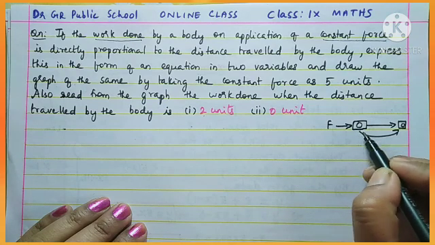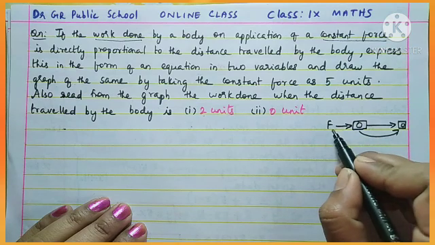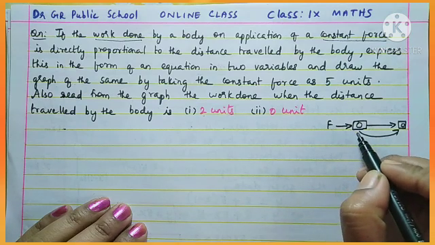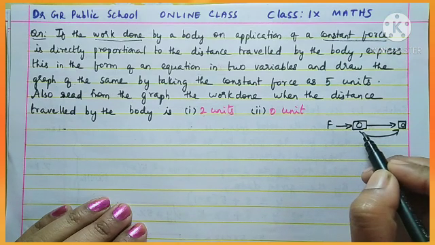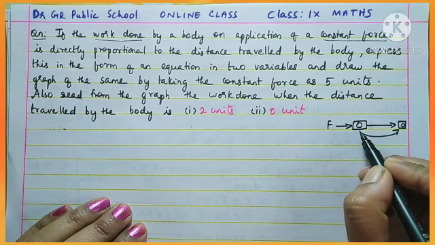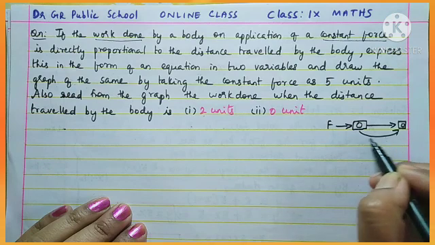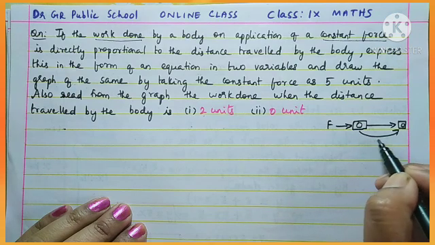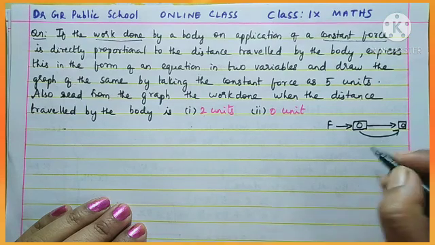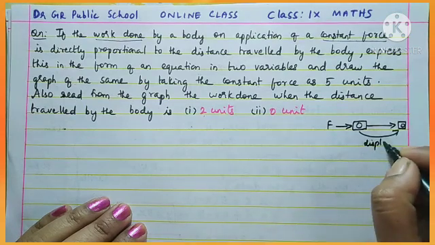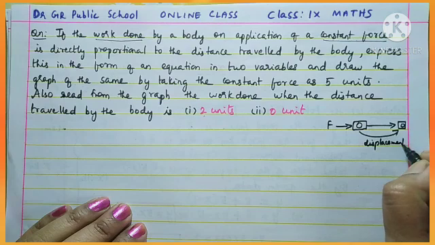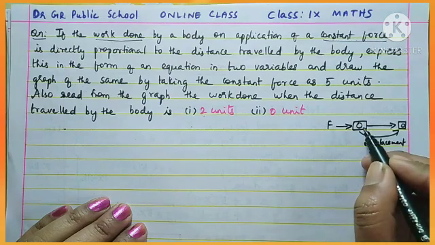So an object moves to a certain distance when a force is applied, and that is called work done by the force. And this much distance is traveled by that object when the force is applied, and so this is called displacement. Displacement means how much it is moving.